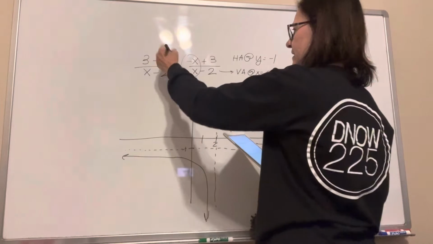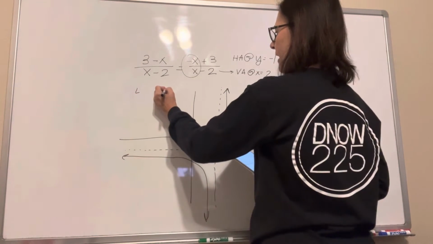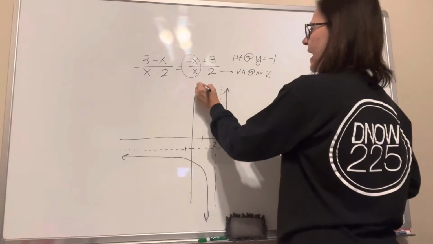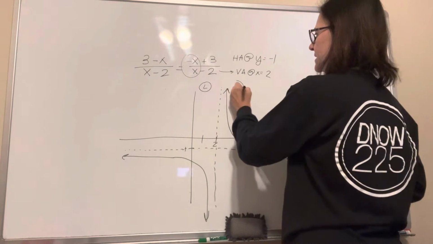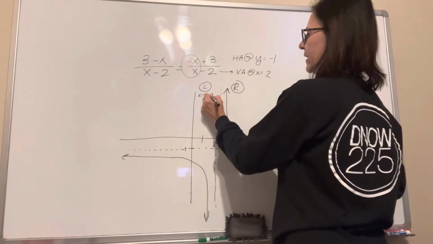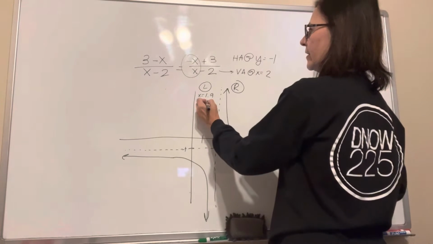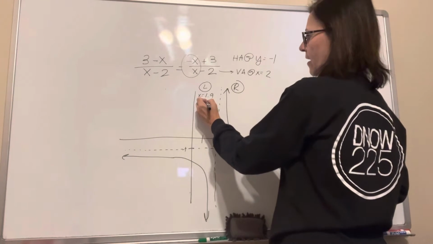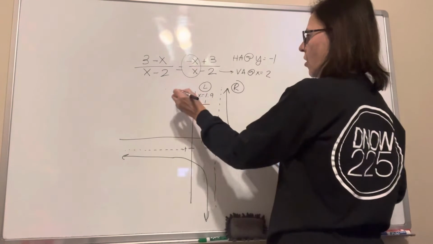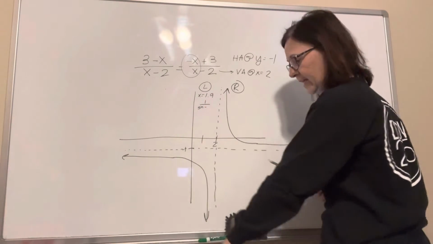Looking at this equation, on the left-hand side, let's say x is 1.9. The numerator is positive, about 1, over the denominator, which is a very small negative. So a small negative means it's going to go to negative infinity.